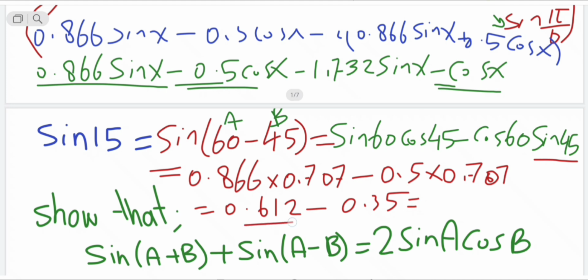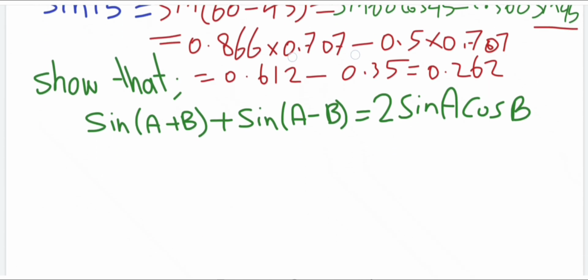So now this minus this: 0.612 minus 0.35 is equal to 0.262. This is our answer. I hope you understand. So whenever you see one angle, try to change it into two angles by using plus or minus, addition or subtraction form.